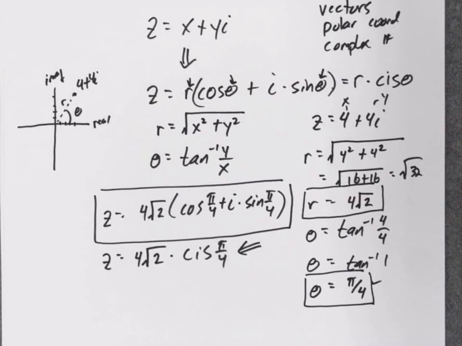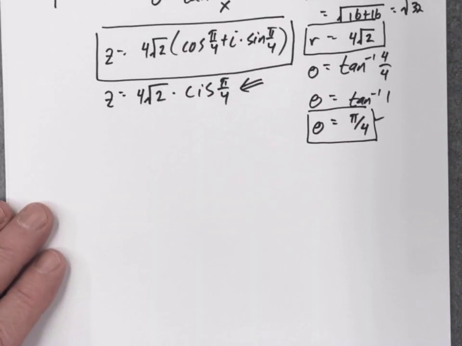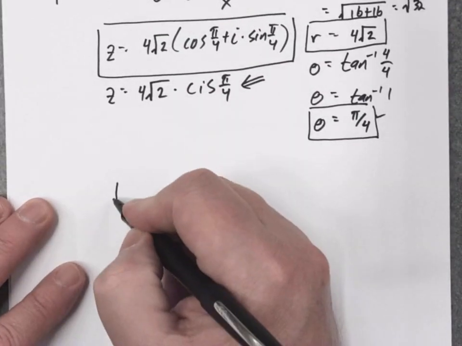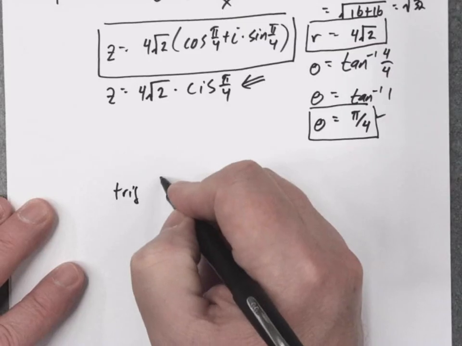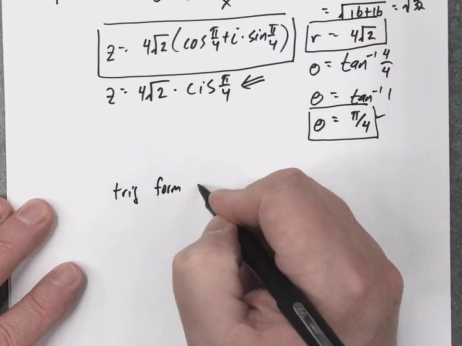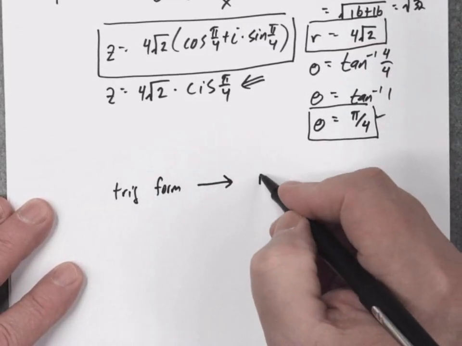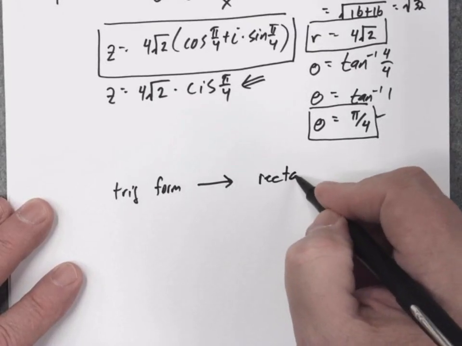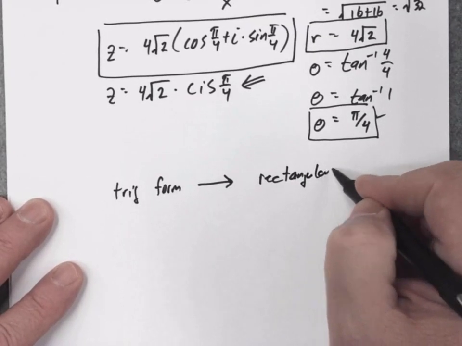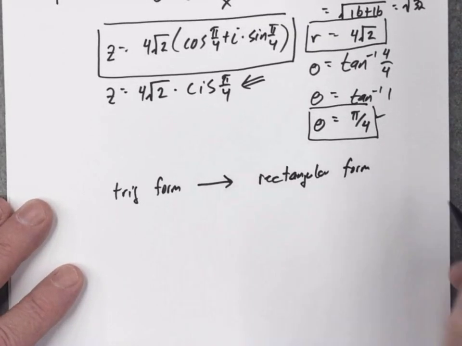Let's maybe do one more. Well, let's do this: instead of doing another one, let's go the opposite way. In other words, let's take a complex number in trigonometric form and convert it to rectangular form.